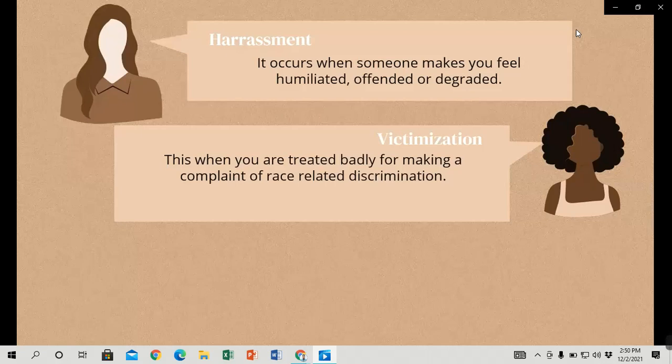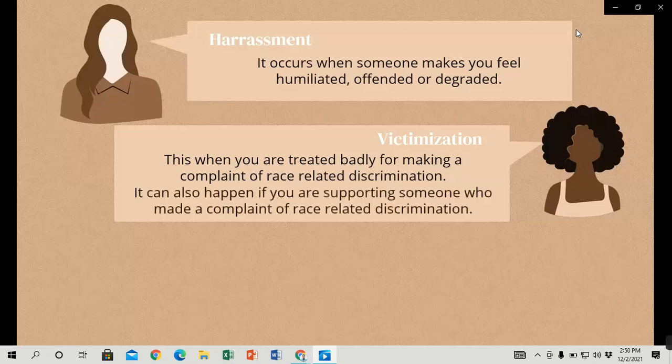So that is an example of victimization. So there is a complaint given to you by the victim. However, you did not take any action to stop it. It's either you hide it or you did not take proper action. So that is victimization.